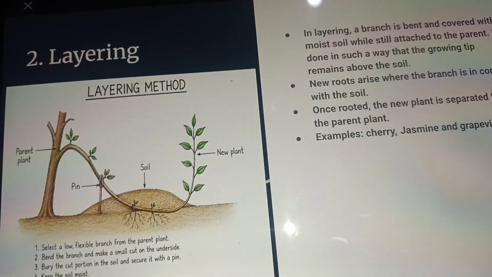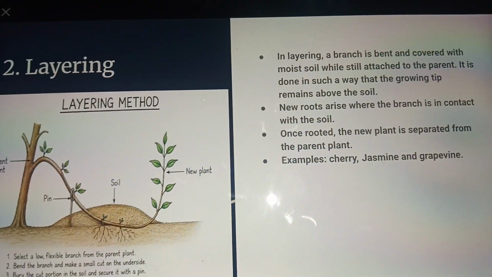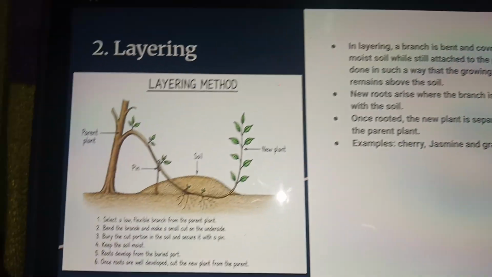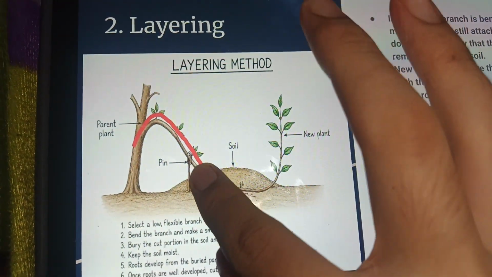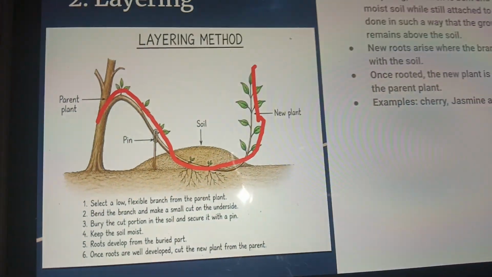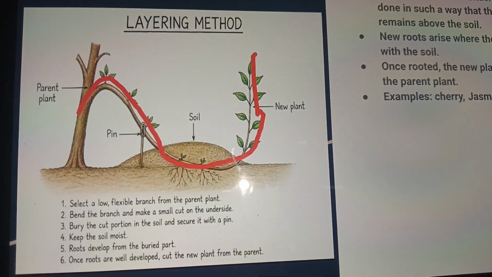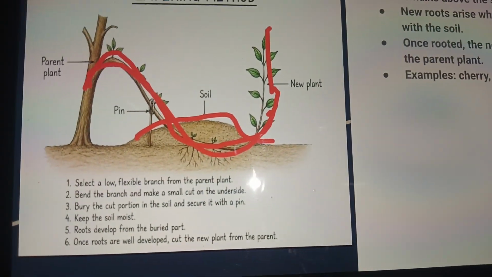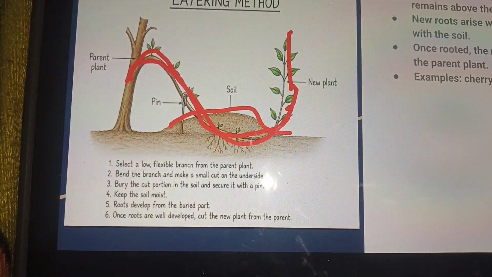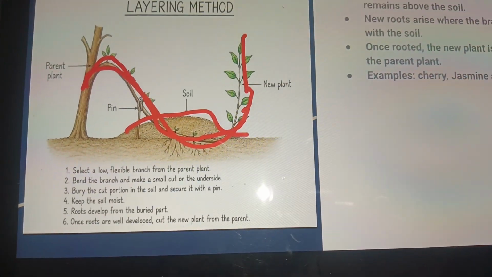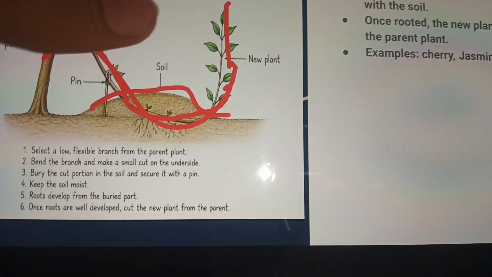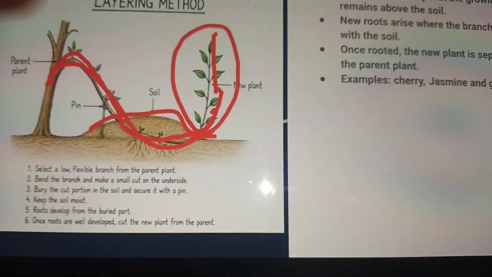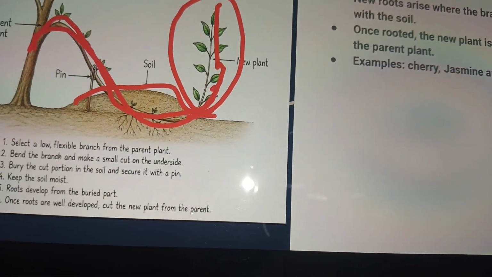Is it clear? So once again we will revise this layering method. A branch is bent and covered with moist soil, and it is still attached to the parent plant. Now it is done in such a way that the growing tip, which you can see, remains above the soil, so that it can grow.